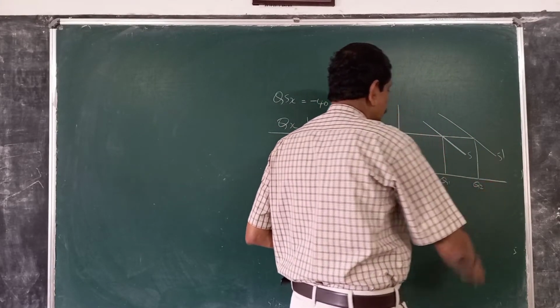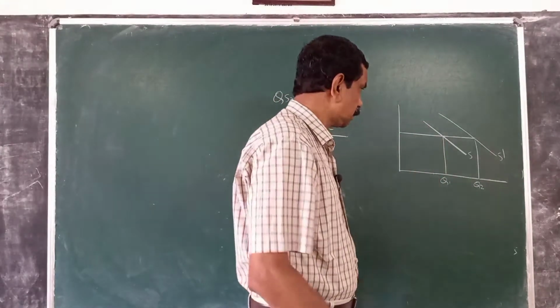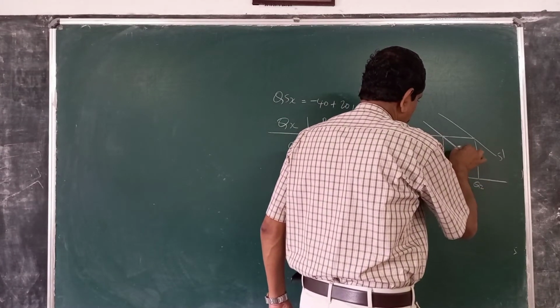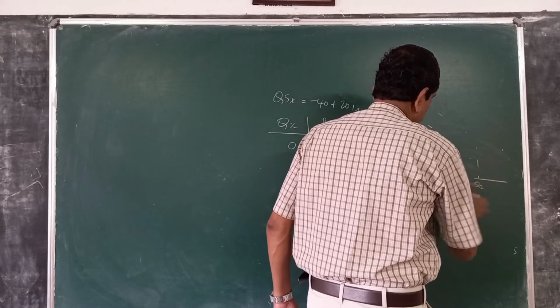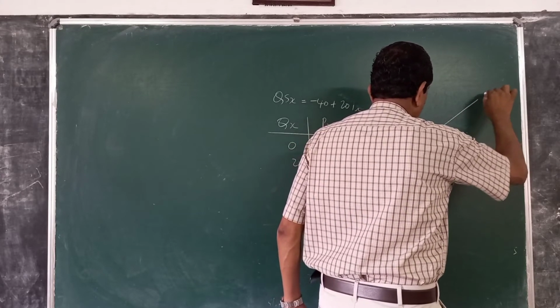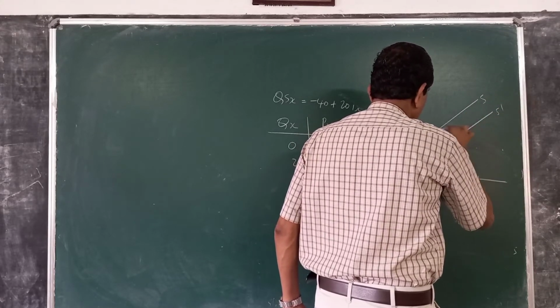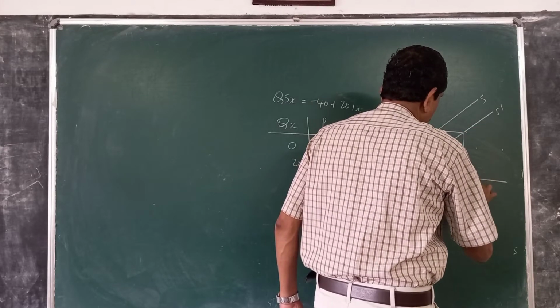This is an increase in supply, whereas if the price increases and the quantity changes, consider this supply curve S dash. For the same price, more will be supplied, so Q1 to Q2.